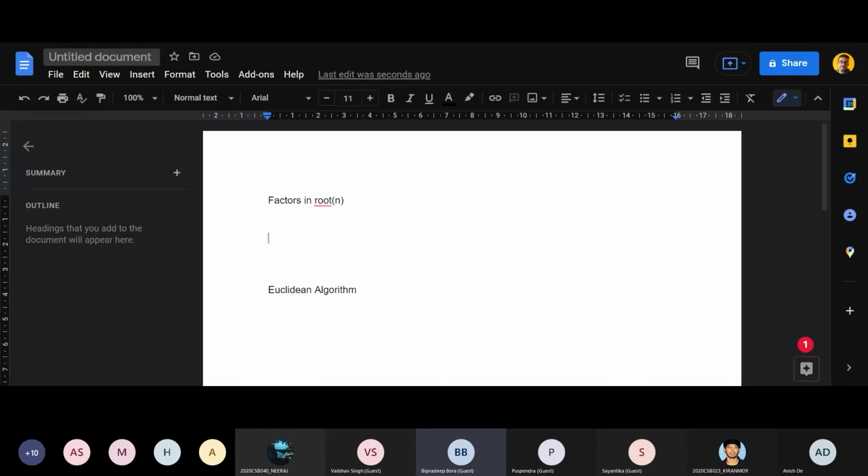If the number is a perfect square, the last number we should iterate on is root of n, because root of n into root of n gives n. Up to root of n, all the factors must exist, and the other factor is n by i. Yes, exactly.